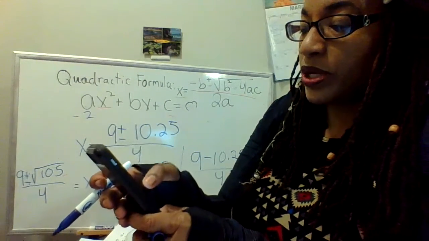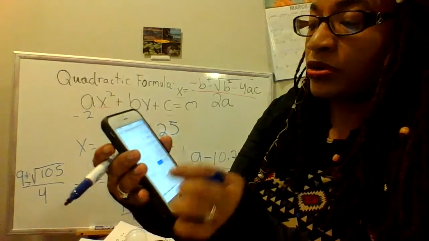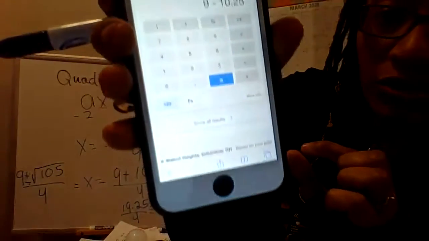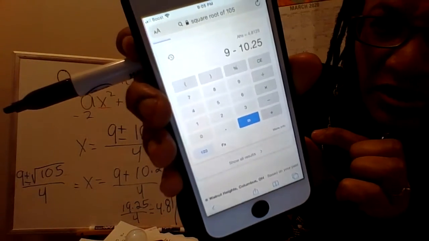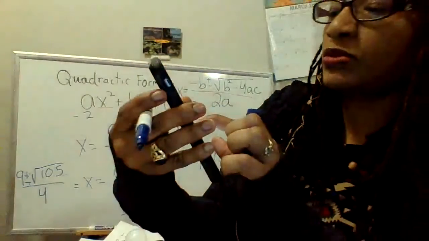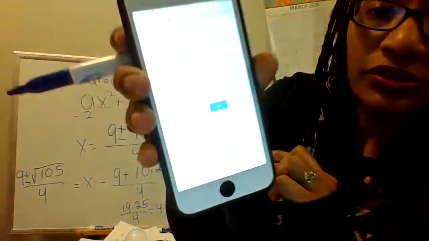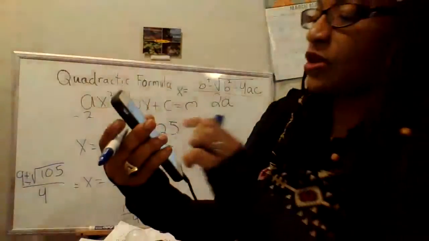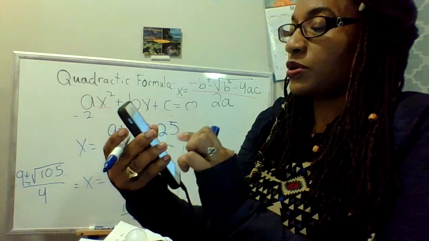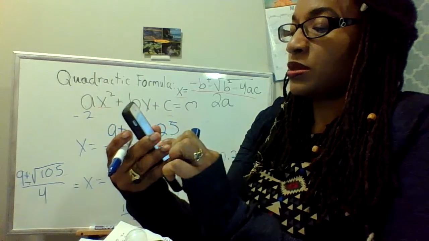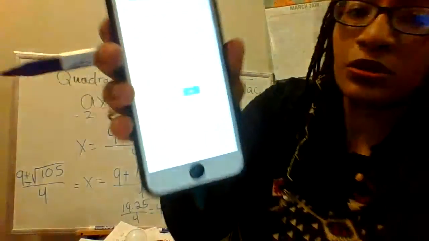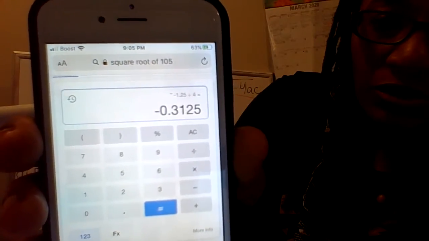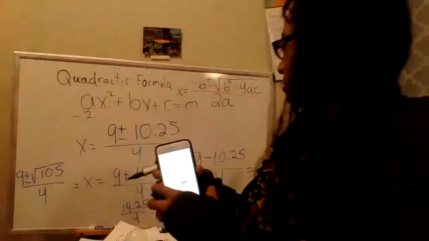Minus 10.25, which equals, all right, there's the answer right there. Negative 1.25 divided by 4. Let's clear that. Divided by 4, which equals negative 0.3125.